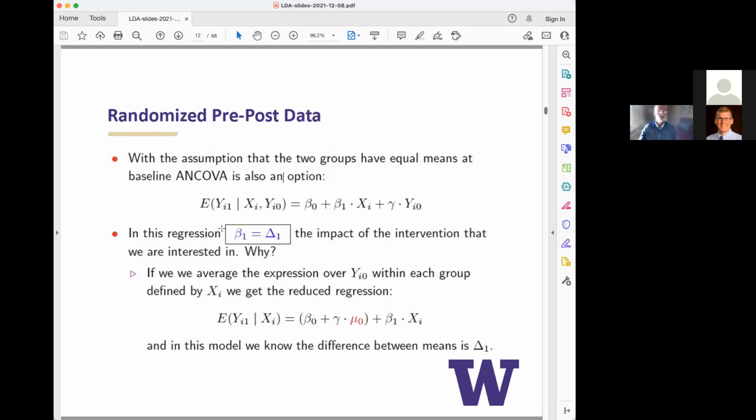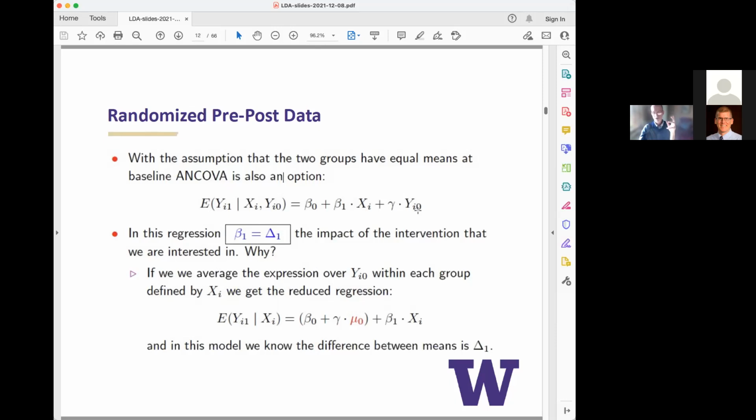So another strategy would be to take and regress, this is the idea here, put in a regression model the treatment indicator xi, but also put in the baseline value for each individual as an explanatory variable, as something that would explain variation at the subject level.